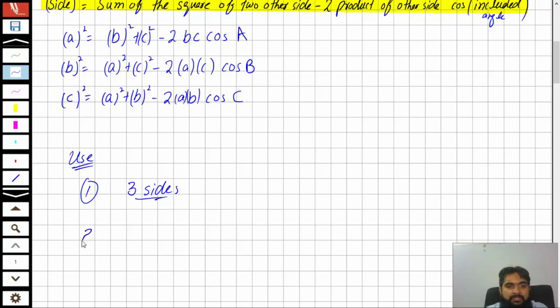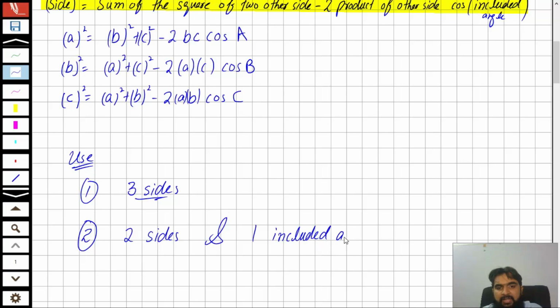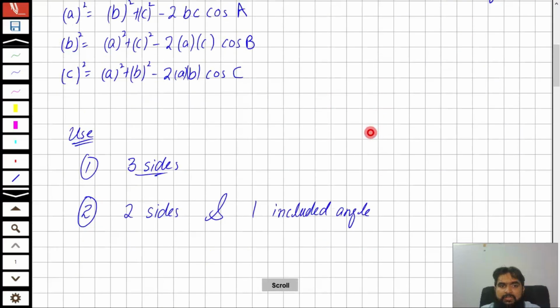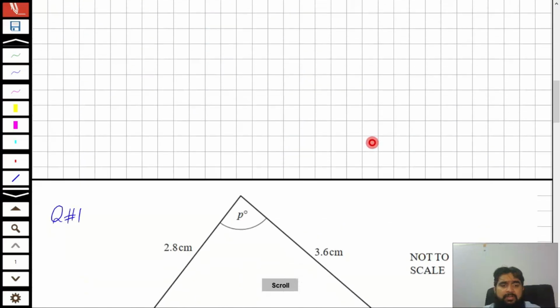Or if the examiner gives you two sides and one included angle, then you have to go for the cosine rule. For example, if the examiner gives you side B and side A and the included angle, then you have to use the cosine rule.